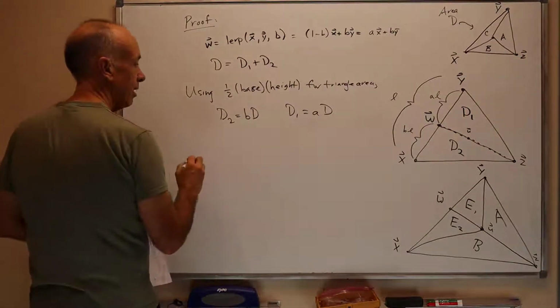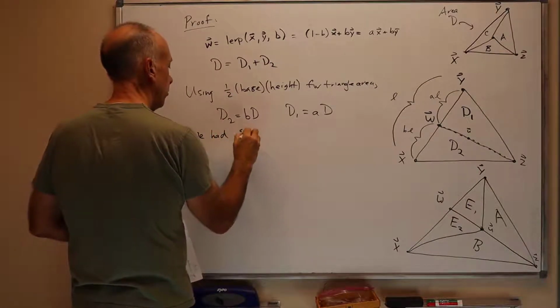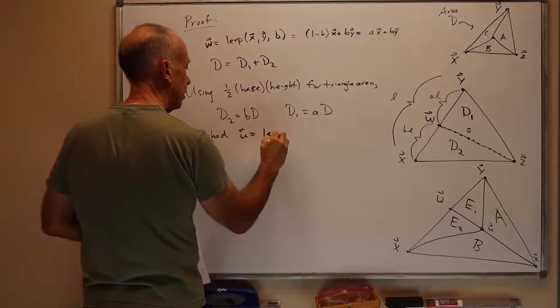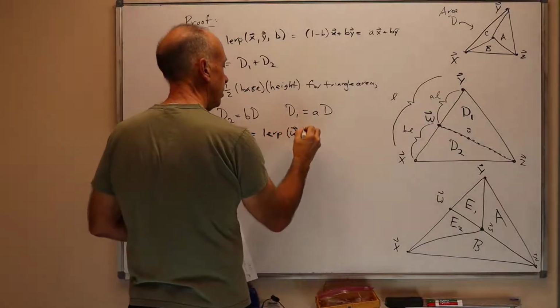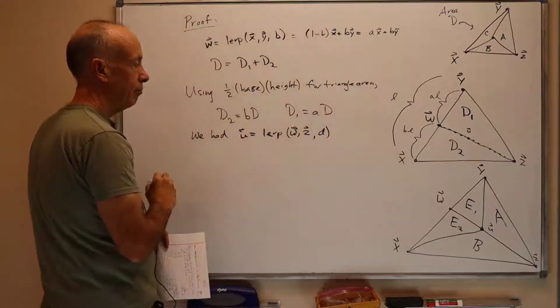So we had that U was lerp WZD for some scalar D in the previous proof.